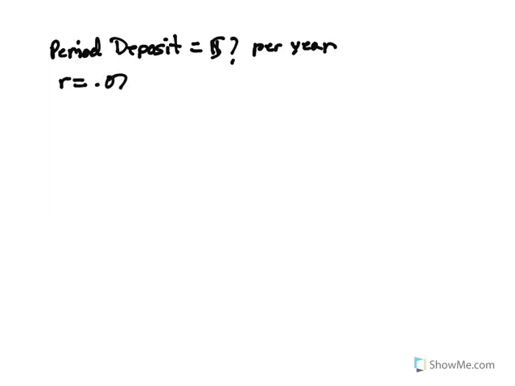Okay, the periodic deposit, we don't know what it's going to be per year. That's what we're finding. We do know the rate is going to be 0.07, so it's 7%. It's going to be 0.07 when you convert it to a decimal. And time is going to be 16 years.